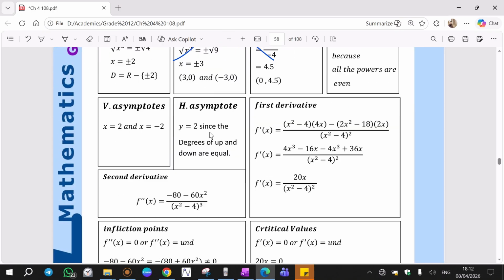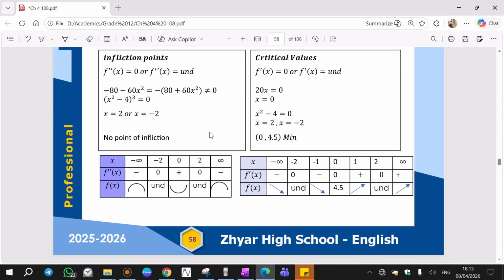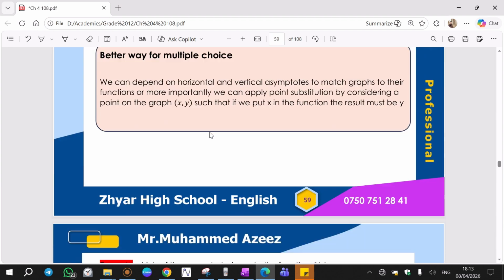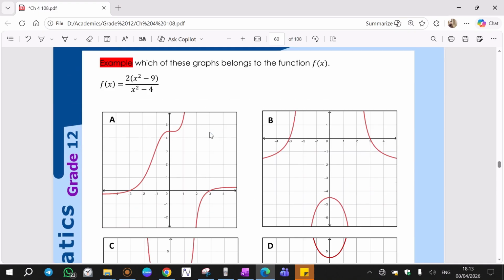Supposedly we have to find all of these things to create a perfect graph like this. But we don't do it because Wizari exam is multiple choice. So for multiple choice we use point plotting, or sometimes we use vertical or horizontal asymptotes. Let's begin.